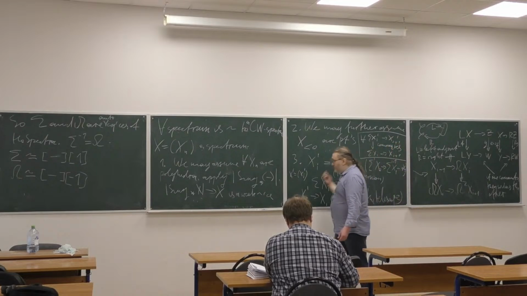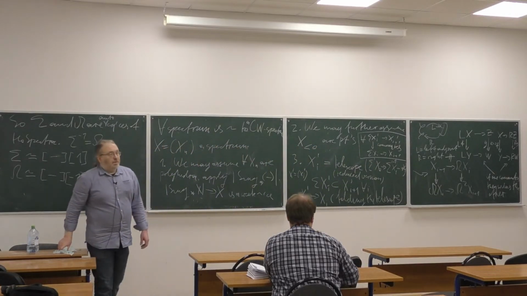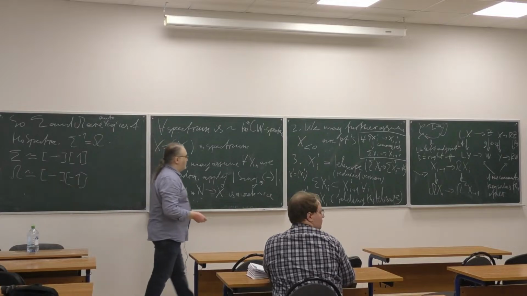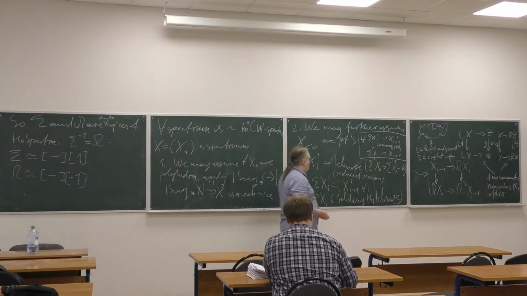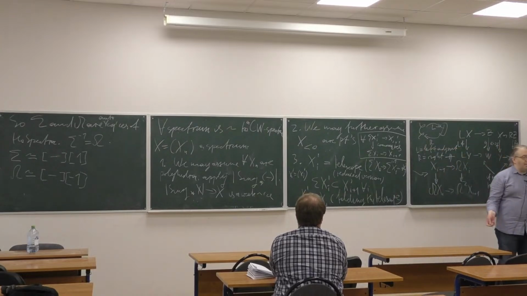So each square strictly commutes, and we get a map of spectra, which clearly induces an isomorphism of the homotopy groups. Are there any questions?